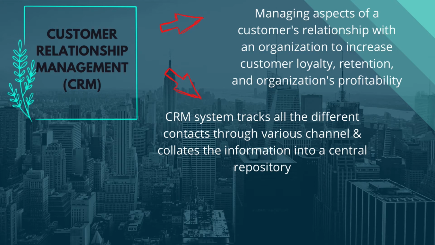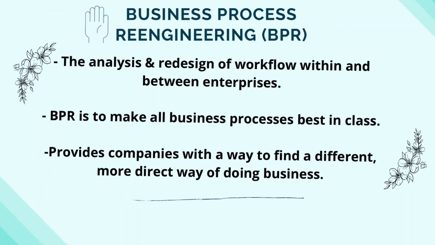CRM involves managing all aspects of customer relationship with an organization to increase customer loyalty and retention and organizational profitability. CRM systems also track all the different contacts through the various channels and collect the information into a central repository.